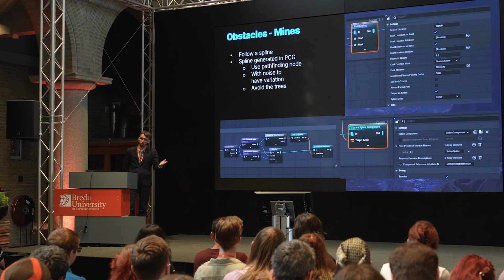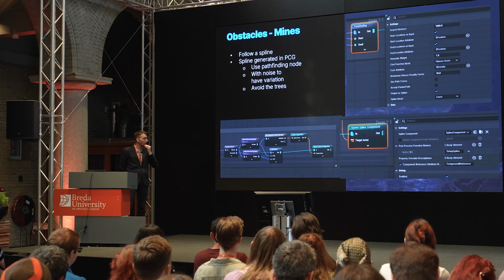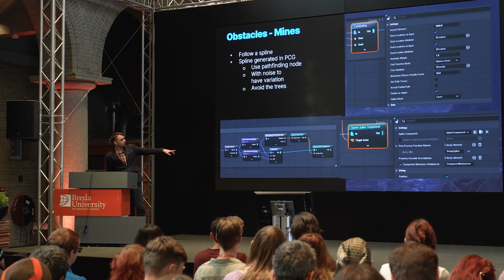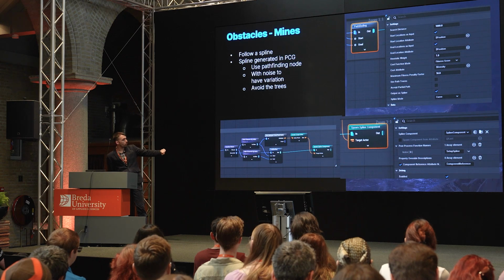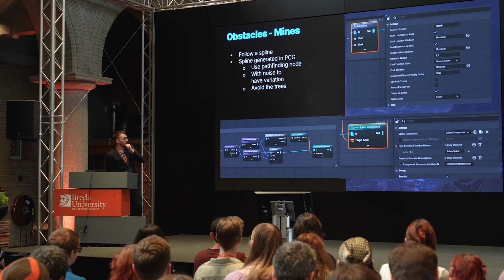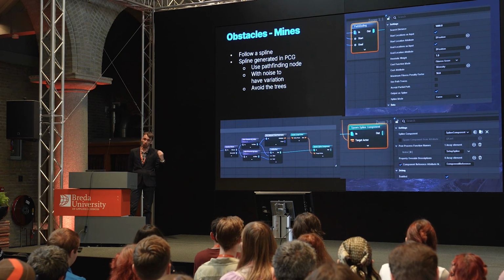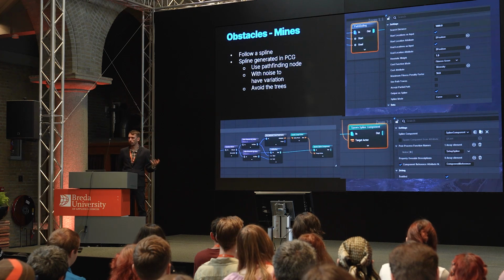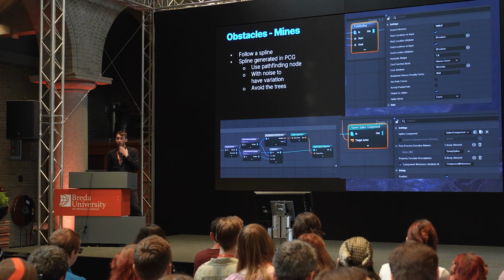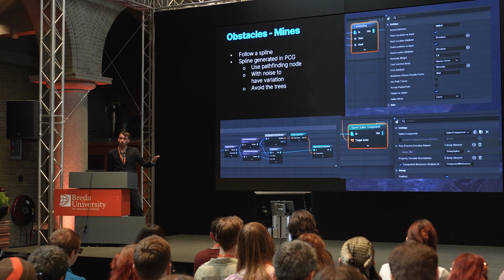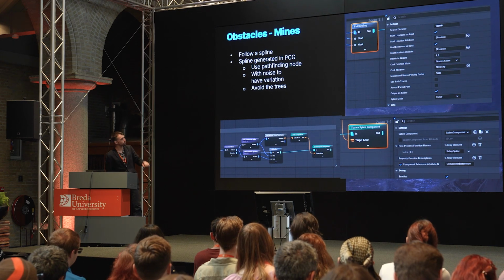This is outputting a spline, and then I can push this spline directly to the actor I just spawned. And on the spawn spline component, you have the post-process function. That is a function that is on my blueprint, which I can call after the spawning and do some preparation for gameplay. In my case, I will just read the new spline and make the mine follow the spline.